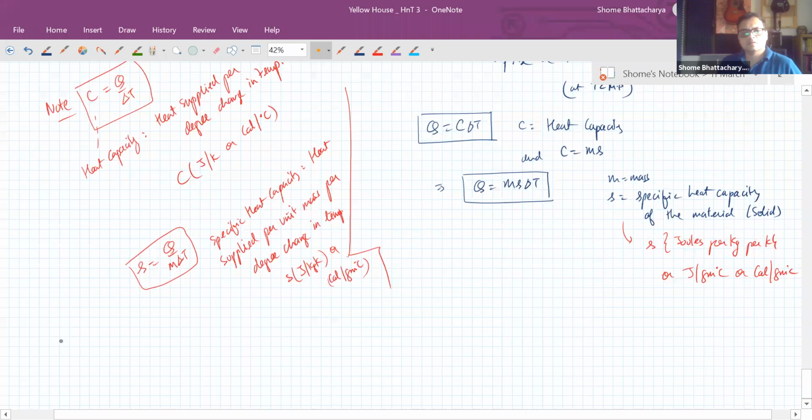Now the next thing, state change. For example, melting, which is solid to liquid, or boiling, which is liquid to vapor.